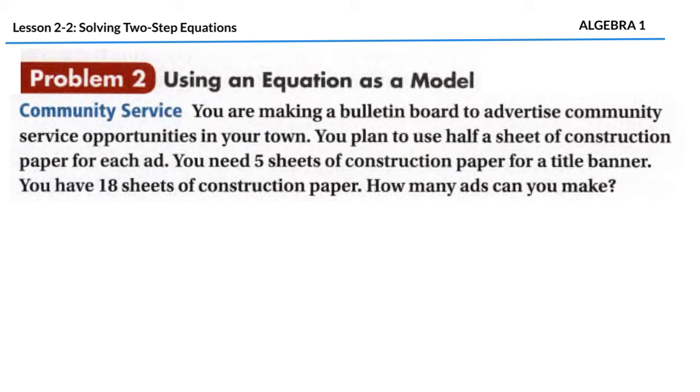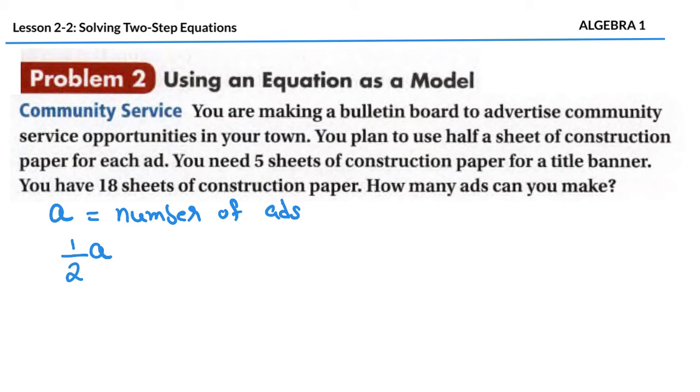So let A be the number of ads you can make. So we are representing the number of ads with the variable A. Now each ad is going to take how much paper? Half a sheet of paper. So half of A.